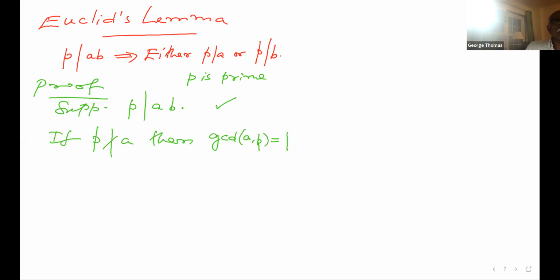But Euclid's lemma is when P is a prime and P divides the product of two numbers, it should divide one or the other, or both. I have another example that P need not be prime: 8 and 9, for example, sir. Yeah, it may not be true. Give me an example. 8 and 9. Okay, what about that?